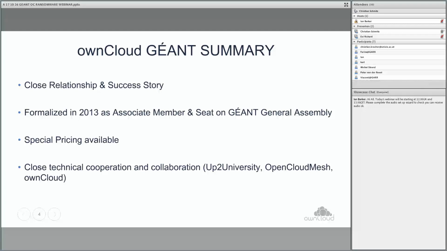It started about 2012, 2013 with different discussions on use cases with various large GÉANT entities that led to OwnCloud becoming a formal member of GÉANT in 2013 and being awarded a seat on the GÉANT General Assembly, with a profound partnership that includes many different things, such as this webinar or also the special pricing that we have available.